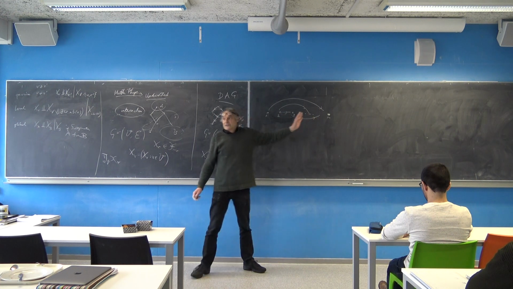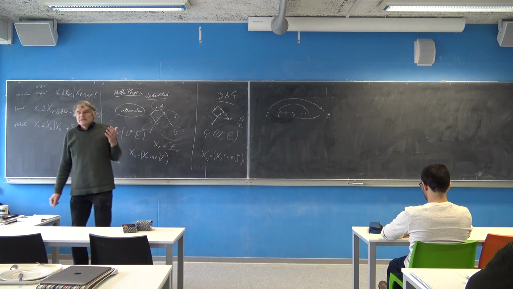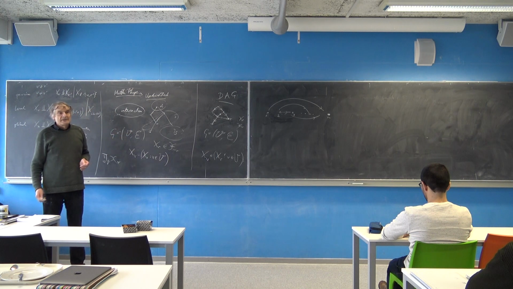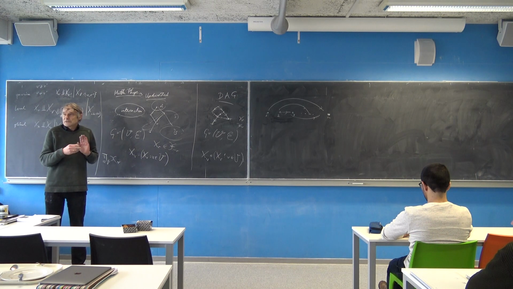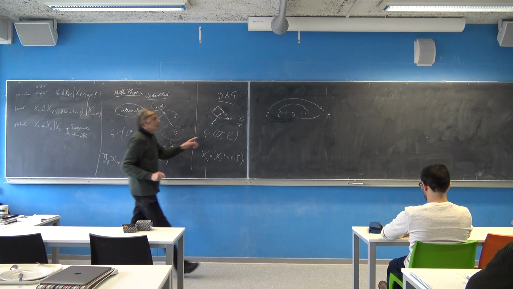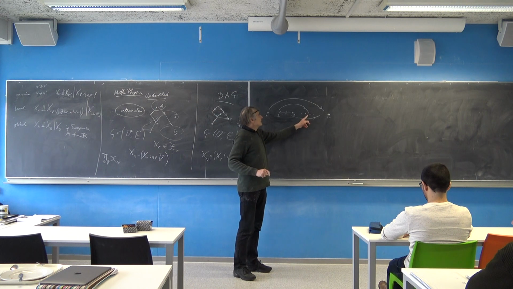And so I go to the end. So the joint probability distribution can be expressed as a sequence of conditional distributions of each variable, given only the parents, not everybody to the left, but given only the parents.